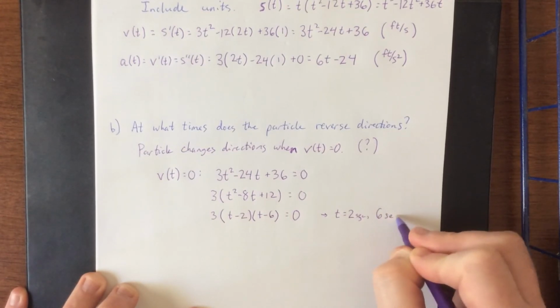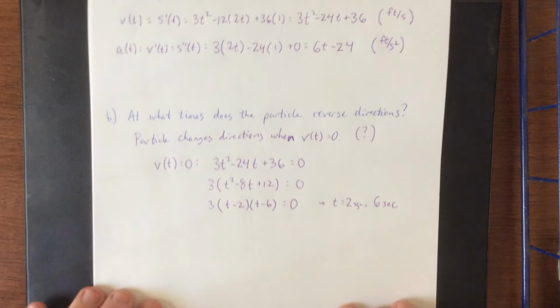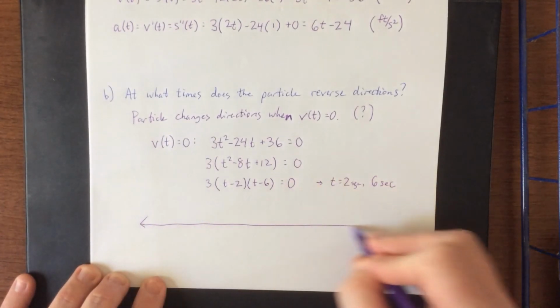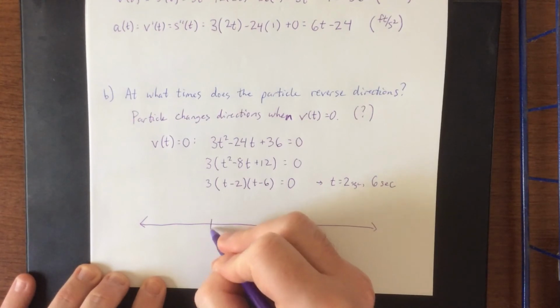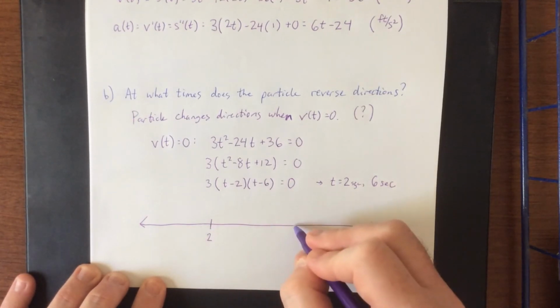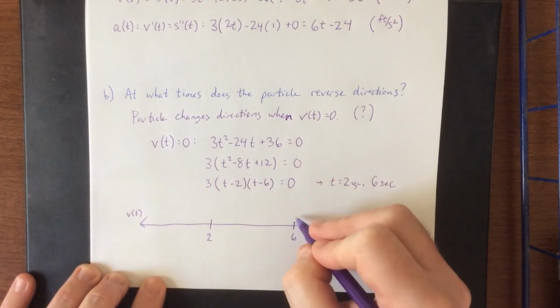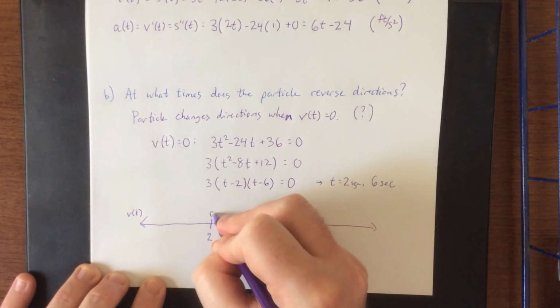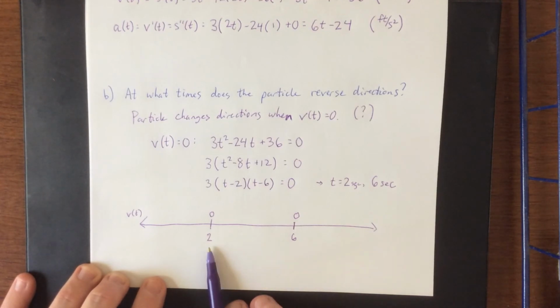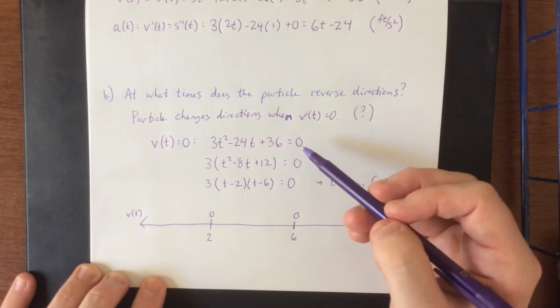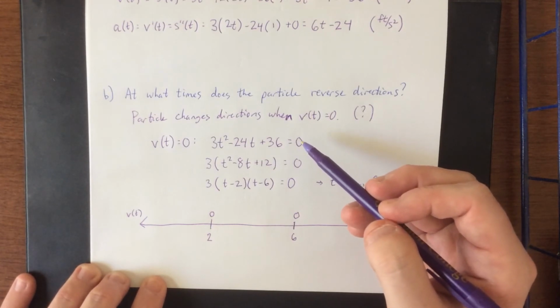to 6 seconds. Now, if we wanted to verify that it's actually changing directions on those intervals, what we could do is point out that at 2 seconds and at 6 seconds, the velocity is going to be equal to 0. What you could do is then take a point from within each of these intervals and plug it into the velocity function to determine if the velocity is positive or negative.